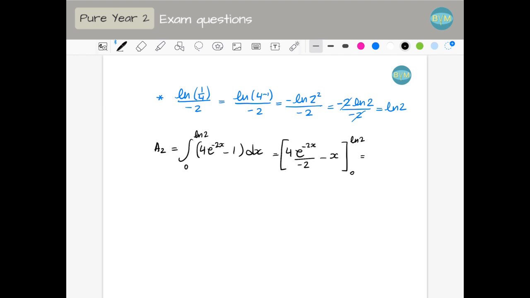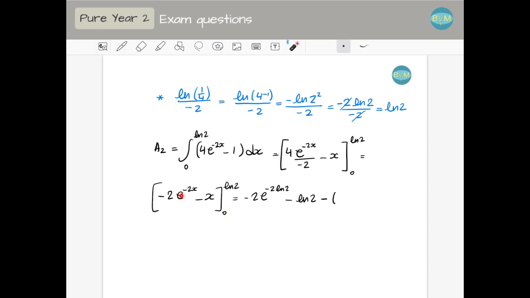This is going to be equal to, I'm just going to divide the coefficients before substituting. Just one step more, and then I substitute. I have minus 2 e to the power minus 2 ln 2 minus ln 2, and then minus the value at 0. I substitute ln 2, and then minus, I substitute the 0.